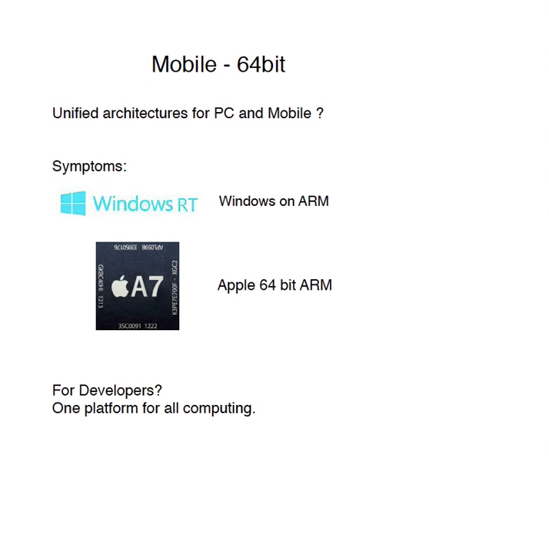So why is mobile moving to 64-bit? Definitely the advantages are more processing capabilities and other things, but one point which we can talk about is unified architectures for PCs and mobiles. What does it mean? Windows recently released Windows RT, Windows on ARM.